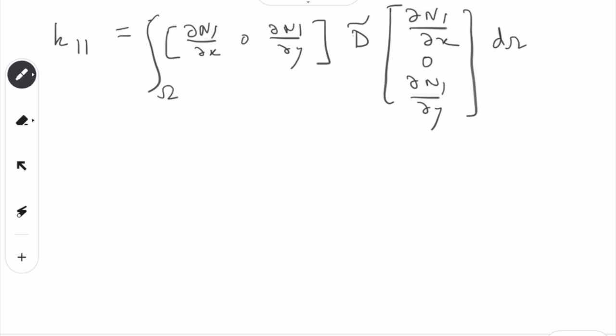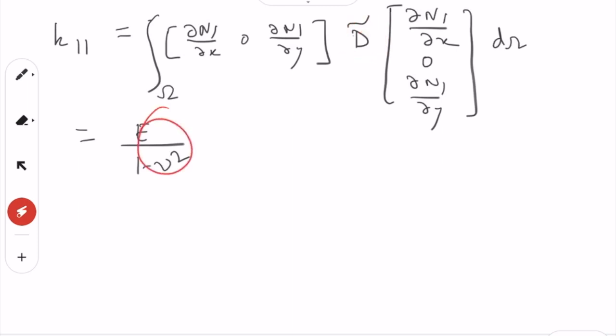So, we know this value, so we can bring out the constant; it is a constant multiplied by a matrix, basically. Let's put the factor 1 over 1 minus nu square outside. So, this I am putting outside, and then we will have this.